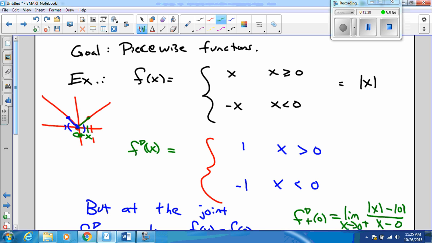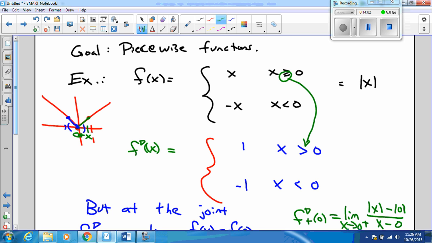So this is the model for understanding how we deal with piecewise functions. We take the derivative of each piece, yes, but right here at the joint, right when x is equal to 0, we do not assume that this piece will have a derivative at the joint. Instead, we will check the joint separately by looking at the directional derivatives. That's how we're going to handle piecewise functions.